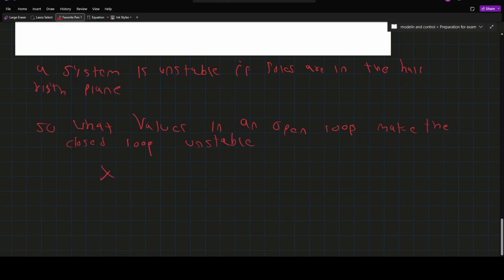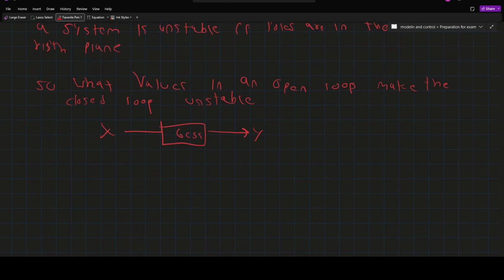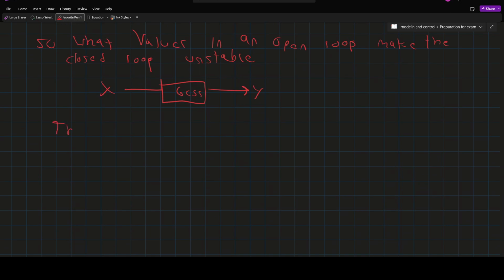So if we have a transfer function of this, the transfer function is going to be x over y equals g of x over 1 plus g of x.